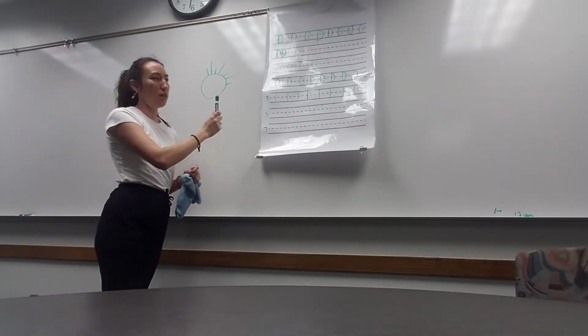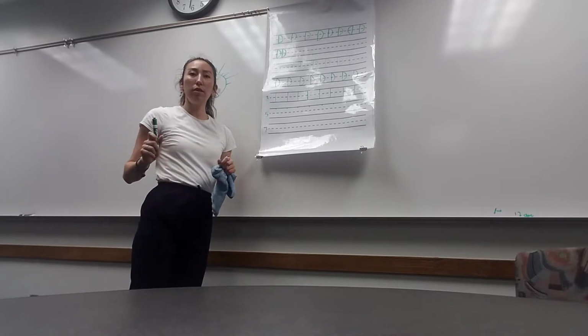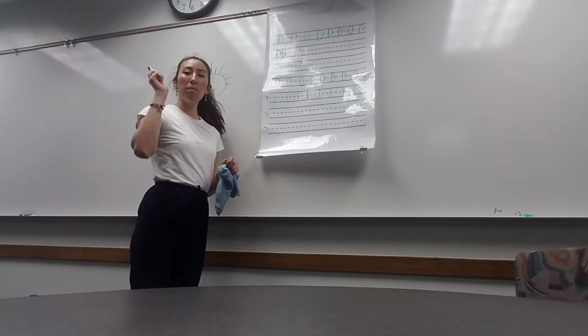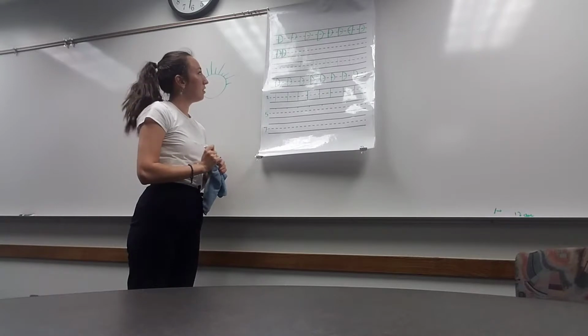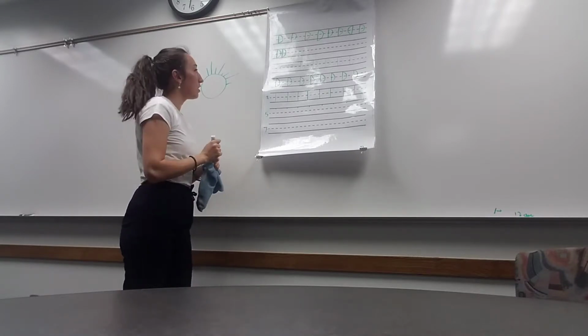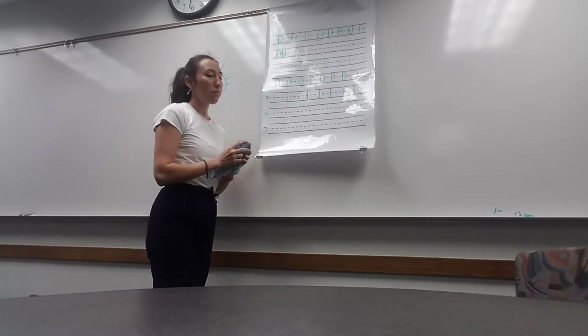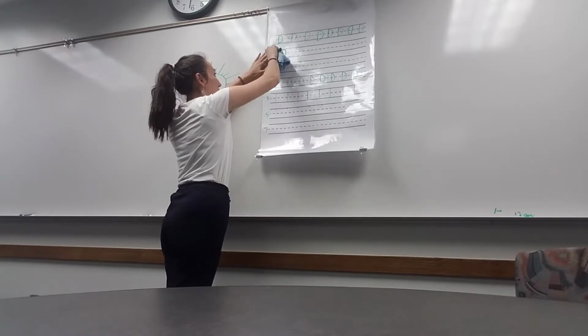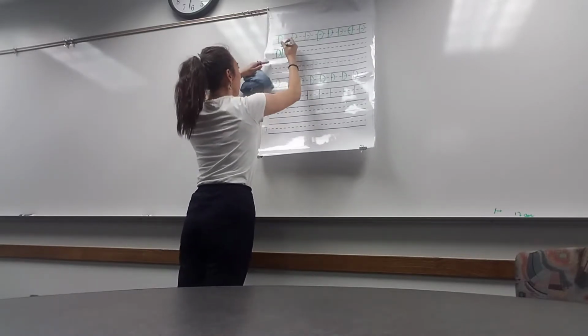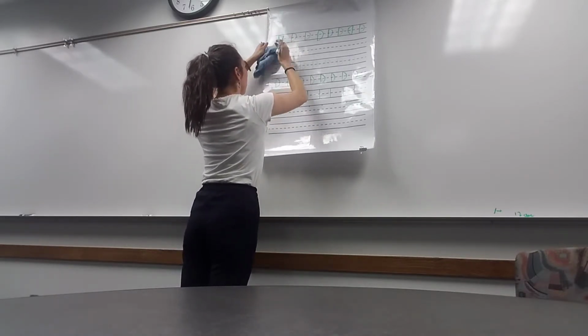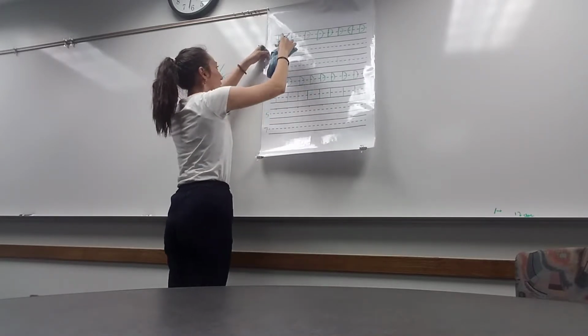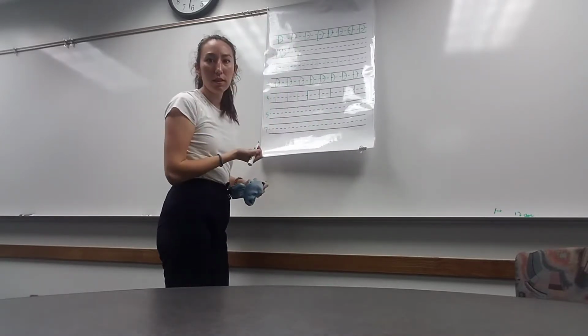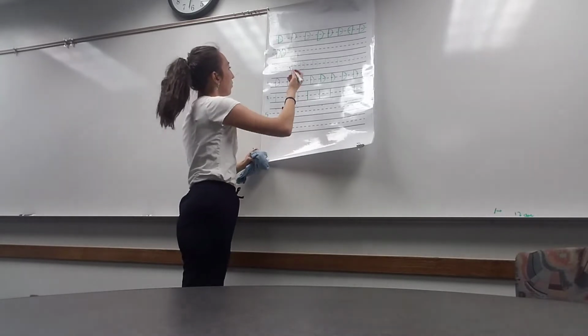These are not good D's. Why are they not good uppercase D's? Awesome, because there's not a space. I will erase these D's. And we'll leave a correct space between them.